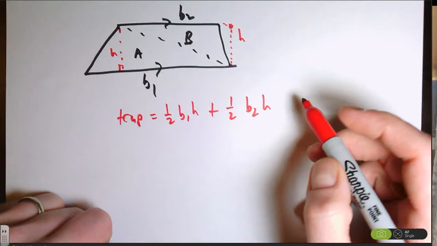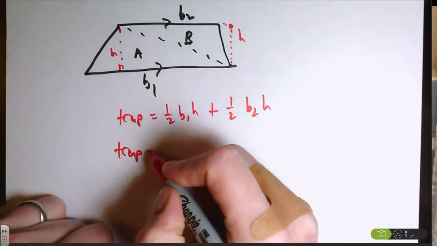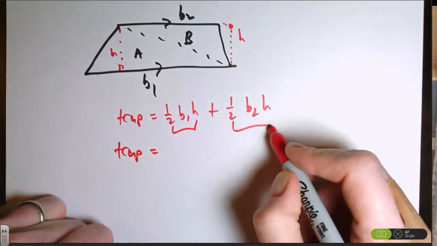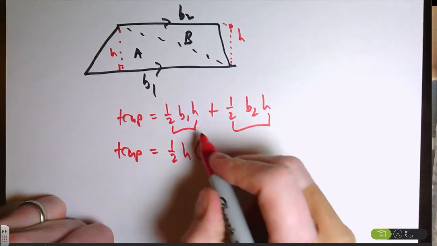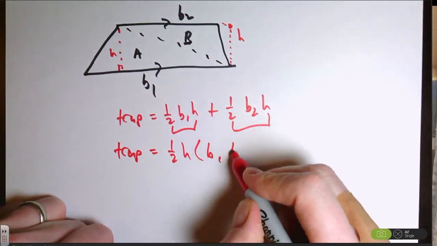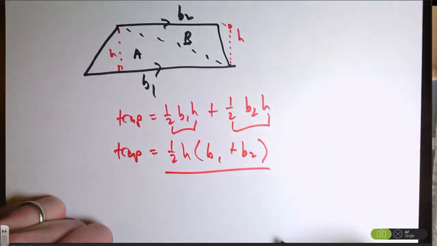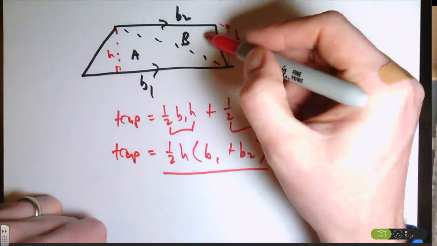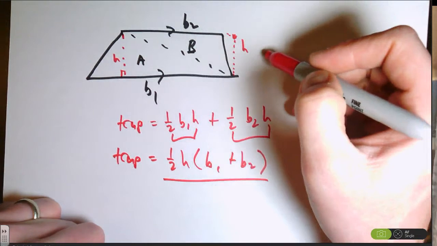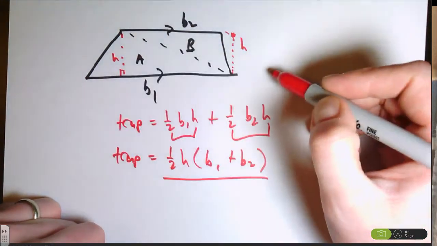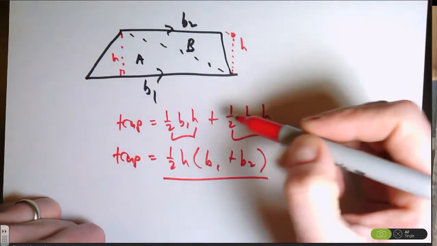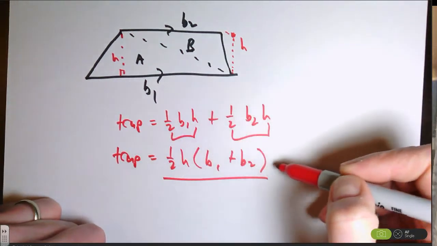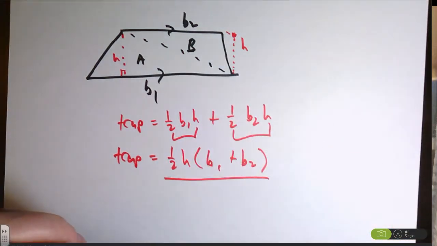And then through some fancy factoring, you take out the 1/2 and the height, and you get base 1 plus base 2, which is our traditional formula for area of a trapezoid. But really how it works is you're having two separate triangles that have the same height but different bases. So you add the two triangles together, that gives us overall then 1/2 height times base 1 plus base 2.